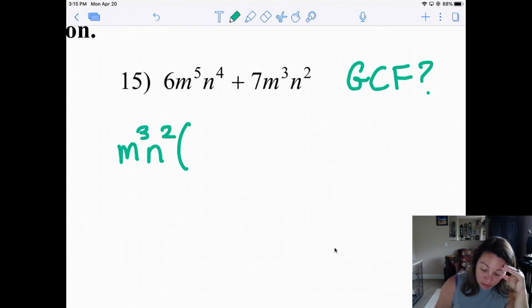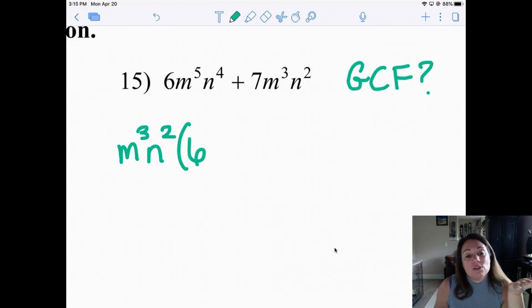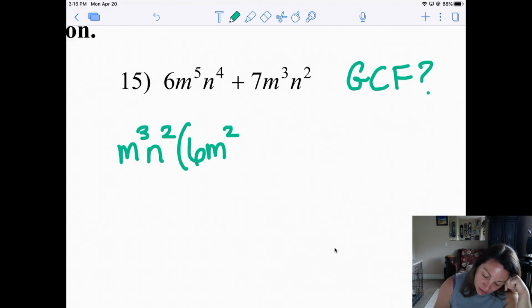I would have to multiply it by 6, it definitely needs a 6. I'm also missing a certain amount of m's, right? I have 3 m's in my GCF, but I have to multiply m cubed times m squared to get 5 m's. So I need an m squared. And then I need to multiply that n squared by another n squared to get the 4 n's that are in my original.